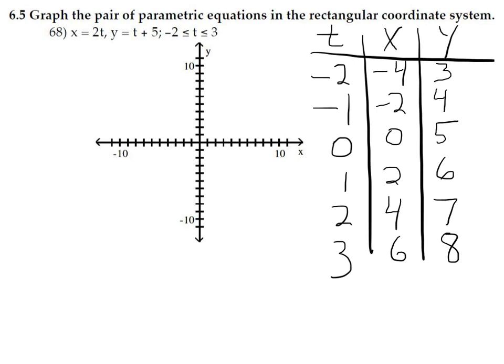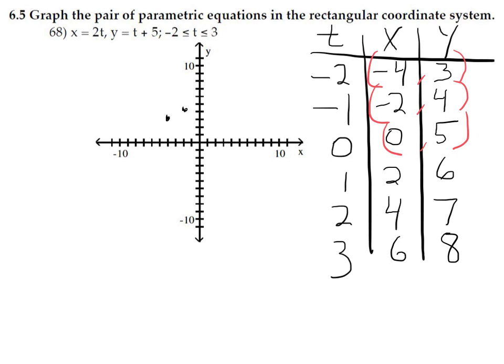Now what we need to do is actually plot just the x and the y. So we have a list of 6 points. Let's put them down. -4, 3: -4 on the x, up 3 on the y. We start at this point. -2, 4.